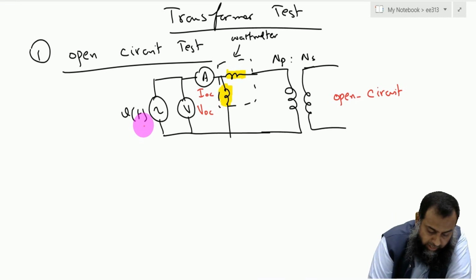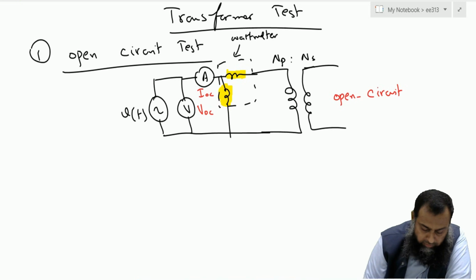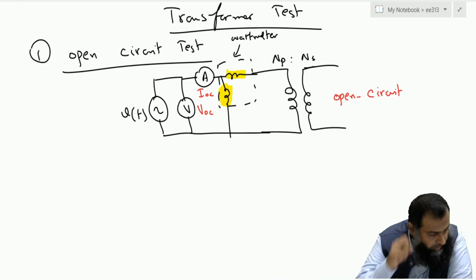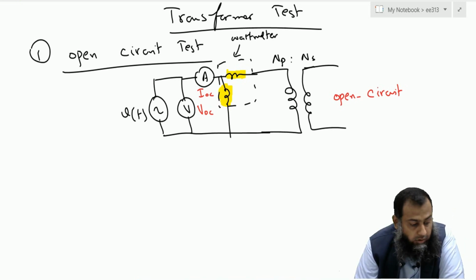Now that depends entirely on the ratio. For example, we usually perform it on the low voltage side, right?